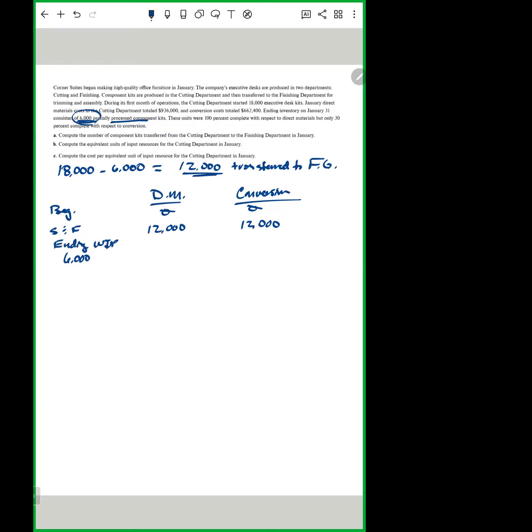With respect to direct materials, this is times 100%, so we're going to get 6,000 units. But when it comes to conversion, it says only 30%, right? So 0.3. So that's going to give me 1,800.